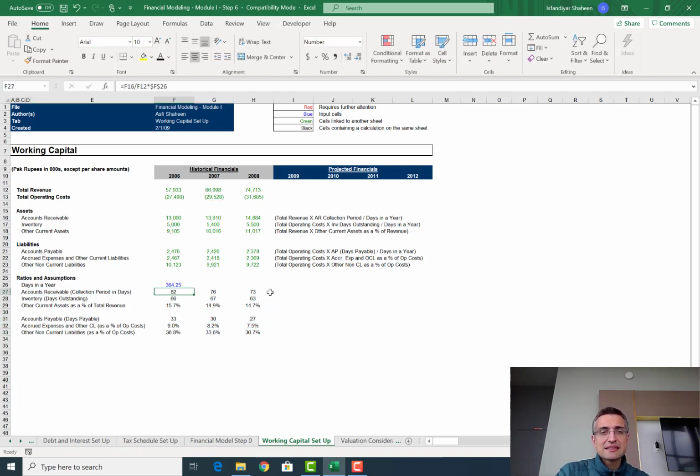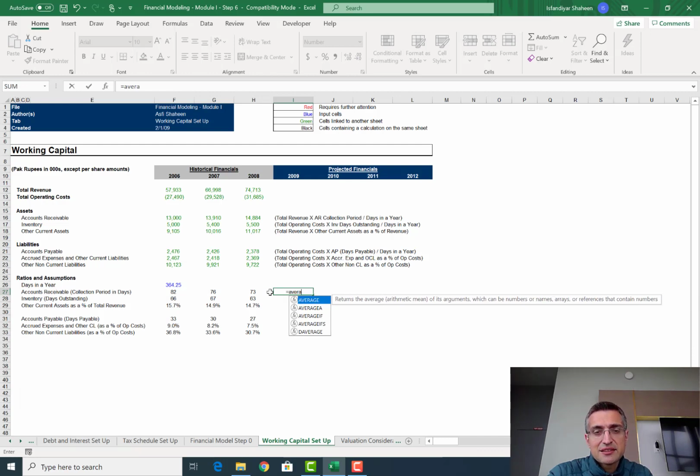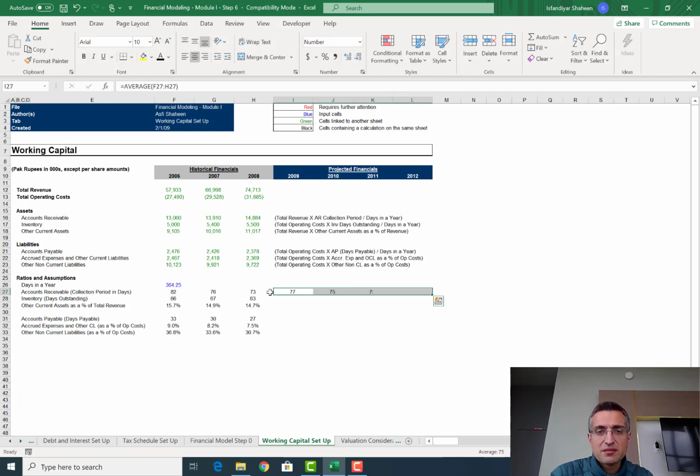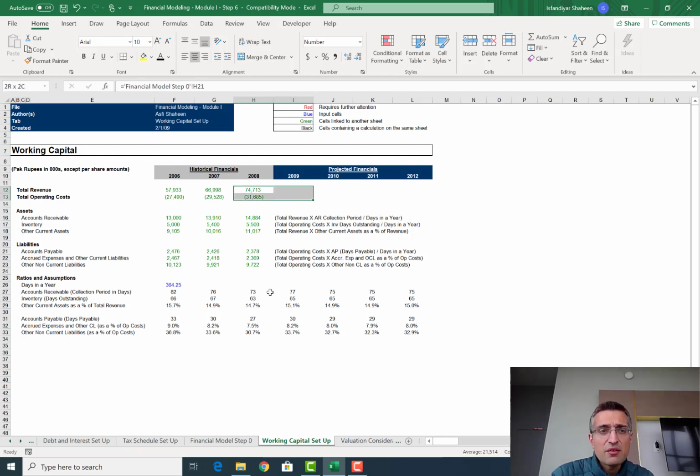And now that we've got these historical ratios calculated on working capital assumptions, we can use these historical assumptions to build a forecast by saying, let's just take a moving average of each of these days, and in this case percentage, and just use that average to now calculate forecasted working capital, because we already have the total revenue and operating costs projected using our income statement.